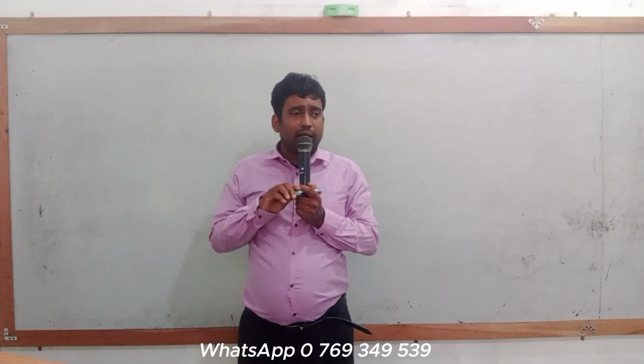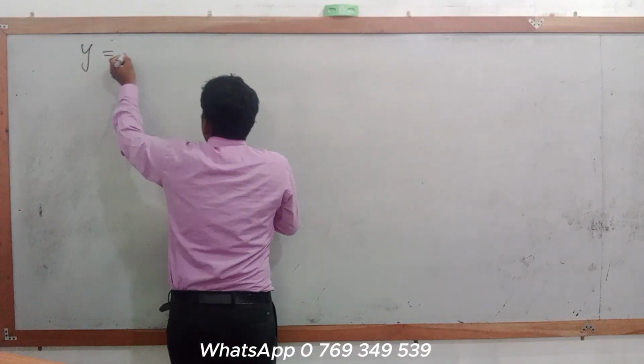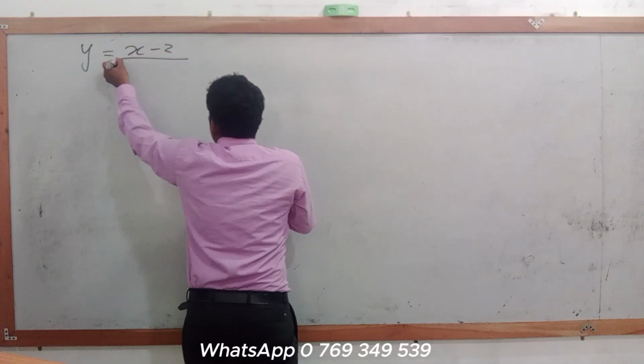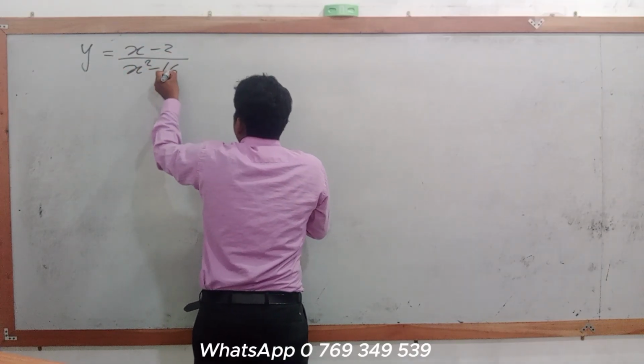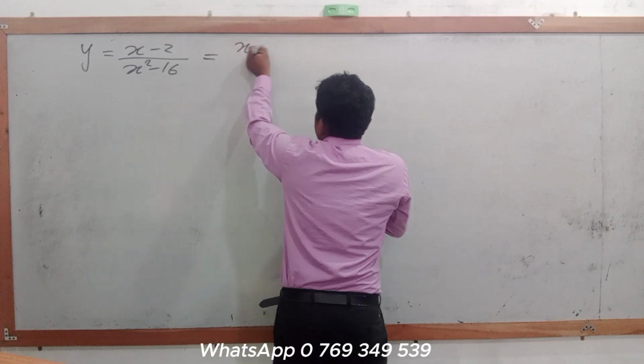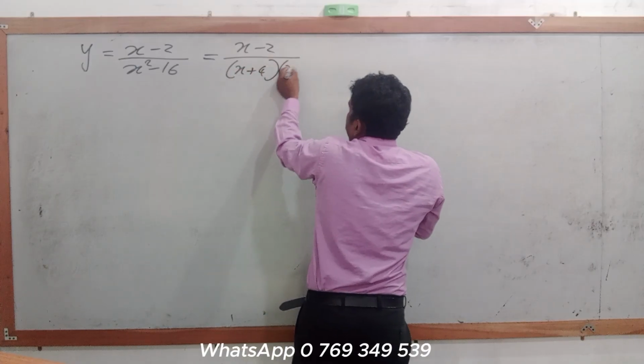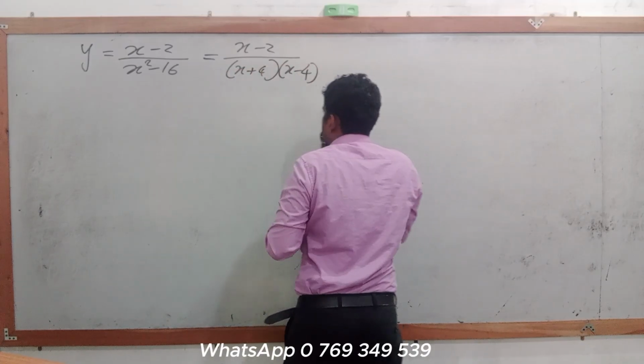Next one, y equals x minus 2 divided by x square minus 16. I write it here as x minus 2 over x plus 4, x minus 4.